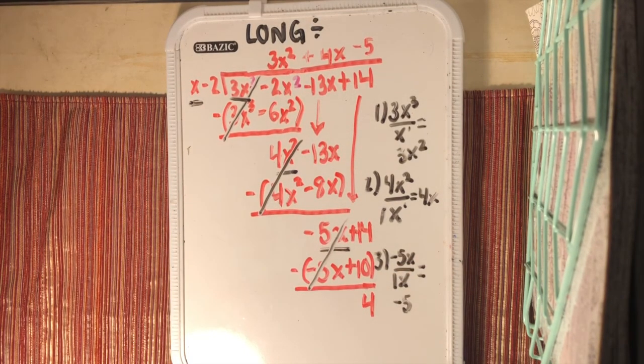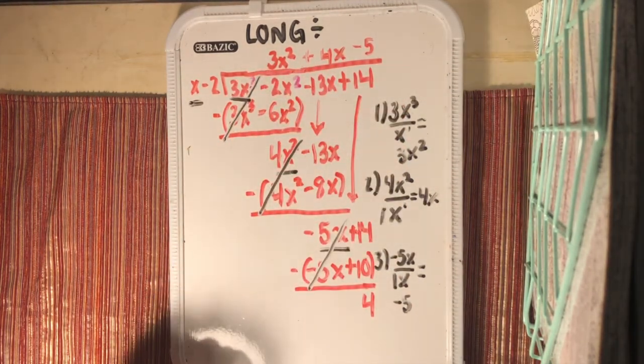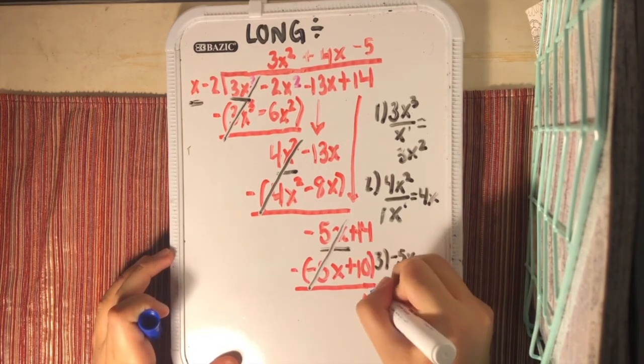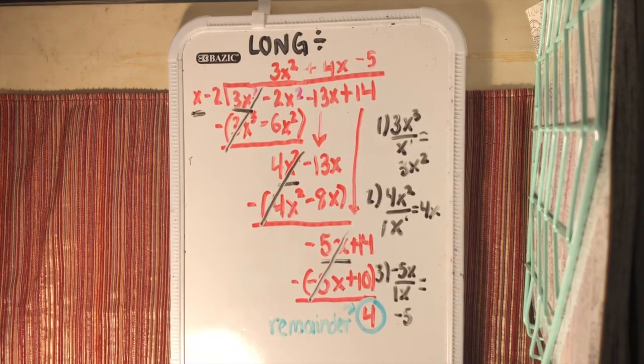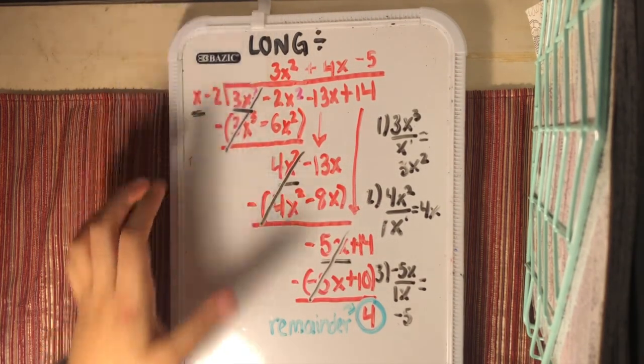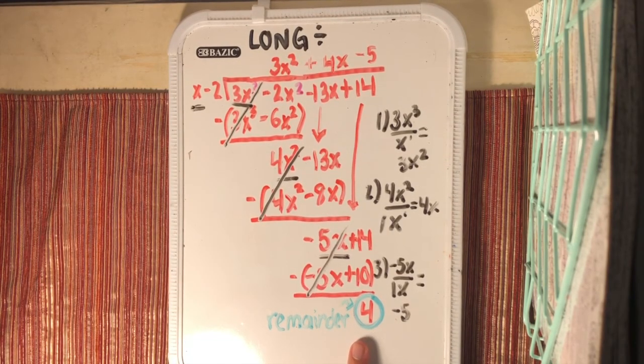And now you see we have no more terms to bring down. And what that means is that this 4 is going to be our remainder. So now to write our final answer, we're going to be using this quotient, and we also have to include this remainder.